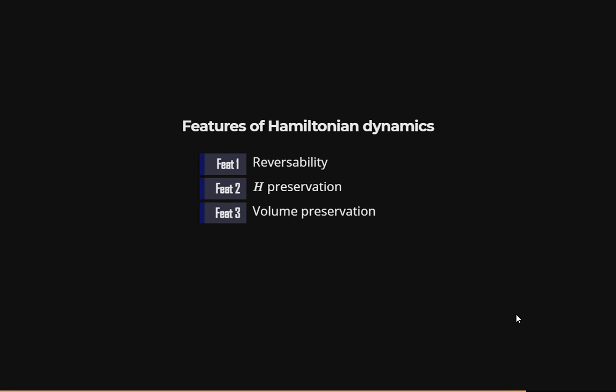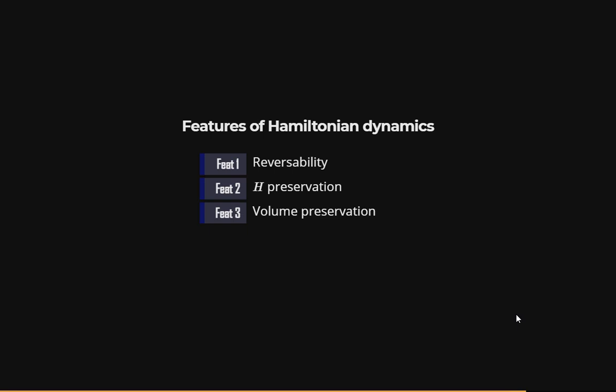Another feature is volume preservation. What does that mean? It means that if you take a small ball of points, actually any set of points, and you move them in your Hamiltonian dynamics for a given time, the volume of the initial set and the volume of the final set are the same.